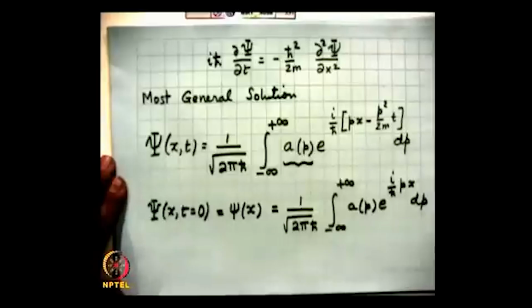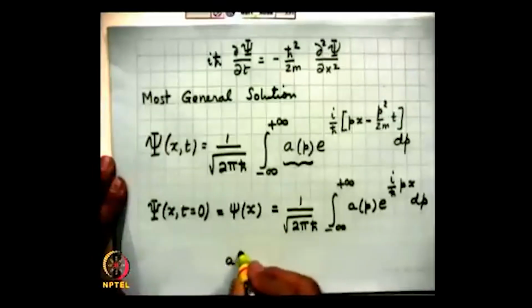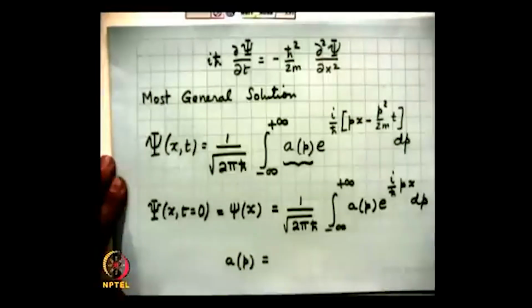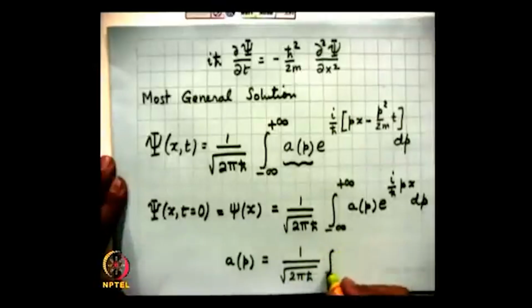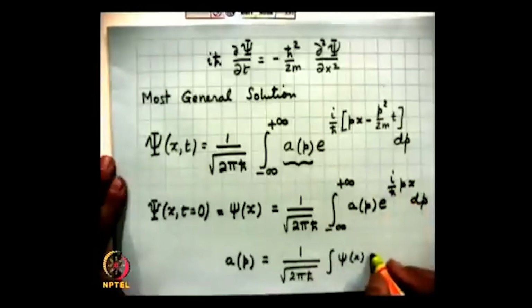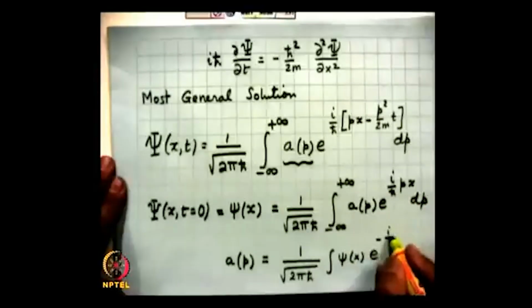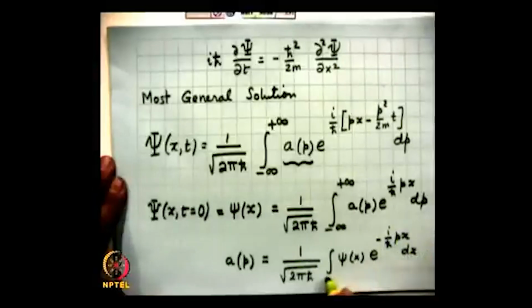This is just the Fourier transform. So, a of p, as we have been discussing in the earlier lecture, will be the inverse Fourier transform of this function. So, this will be 1 over under root of 2 pi h cross, integral of psi of x, with a plus sign here and a minus sign there, dx.